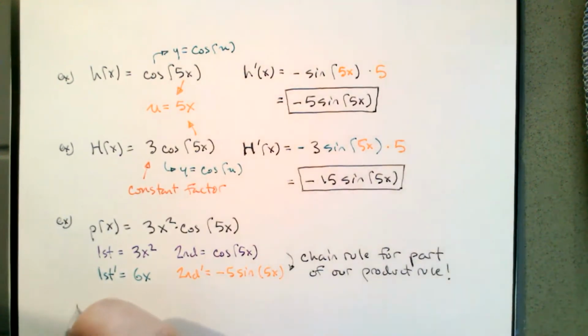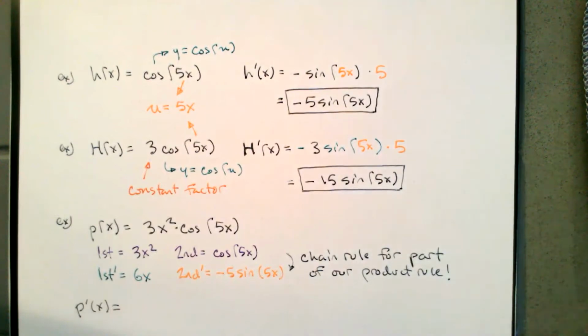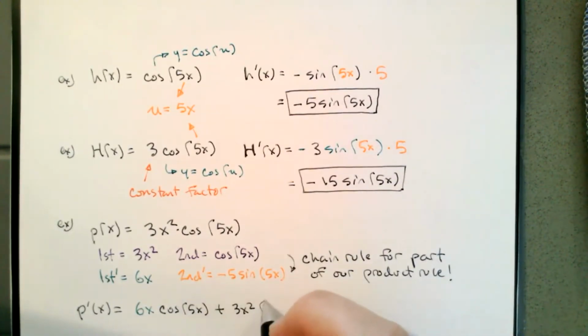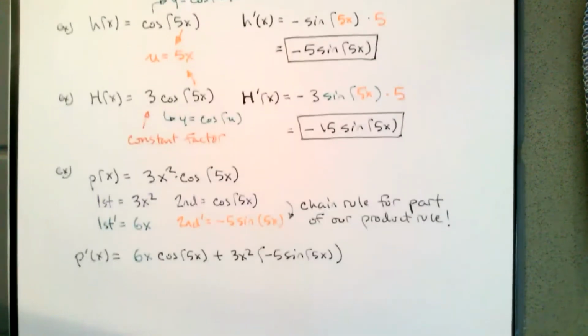Now we can put together the product rule formula for p prime of x, where we take the derivative of the first times the second, plus the first times the derivative of the second, and then we should simplify.